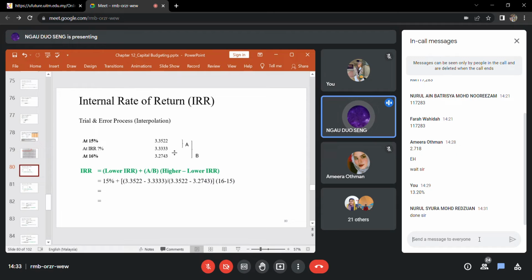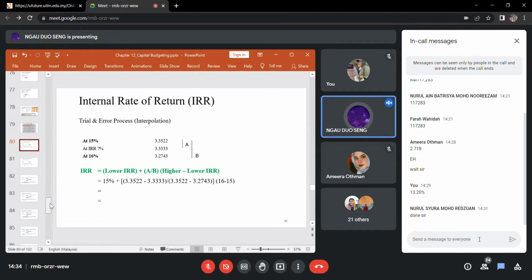So same as the previous method, we know it is between 15% and 16%. So first we take 15% plus 3.3522 minus 3.3333, divided by 3.3522 minus 3.2743, then multiplied by 16% minus 15%. All right, so get your calculators and calculate.